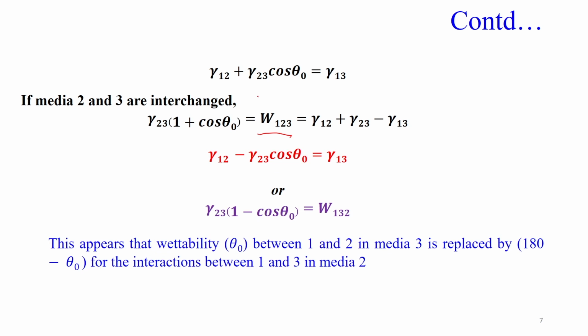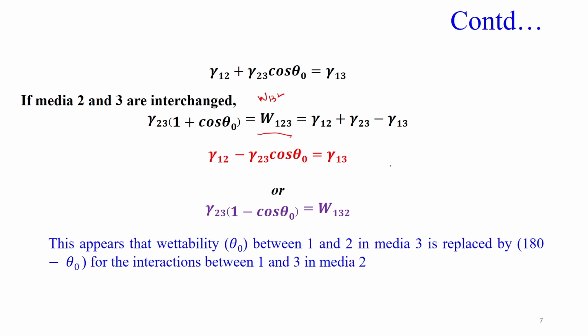Earlier it was W 1 3 2, now it will be W 1 2 3, and we can similarly define W 1 2 3 will be gamma 1 2 plus gamma 2 3 minus gamma 1 3. So, from here if you rewrite this, it is coming out to be gamma 1 2 minus gamma 2 3 cos theta is equal to gamma 1 3, or from here again you should be able to write this is gamma 2 3 cos theta, this is gamma 1 3.